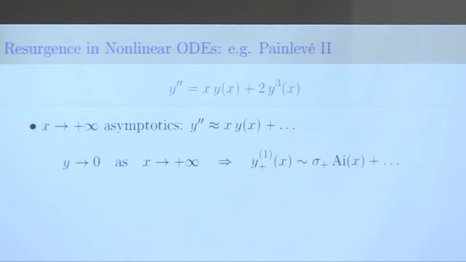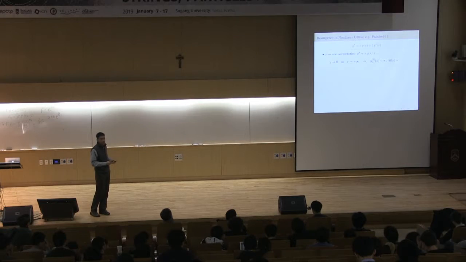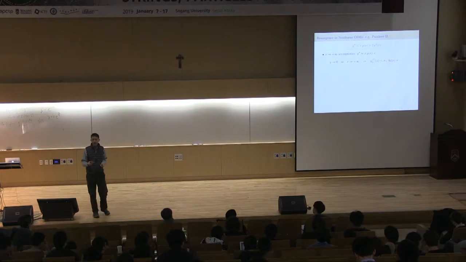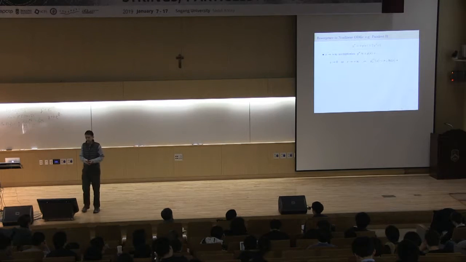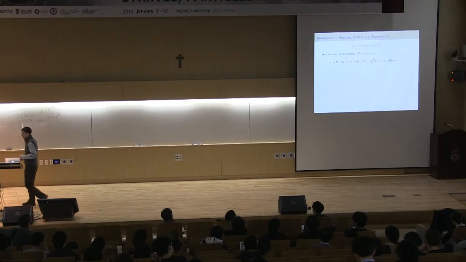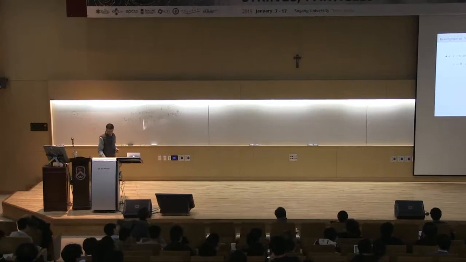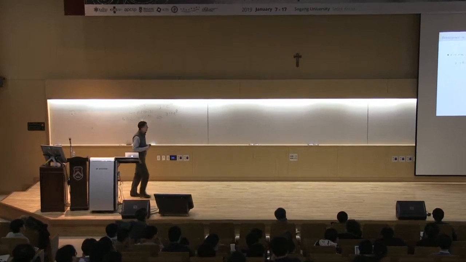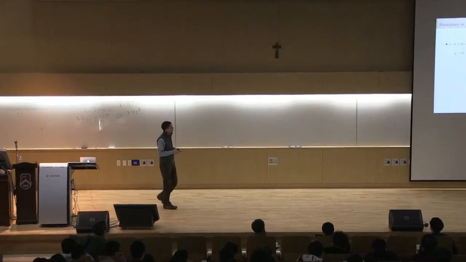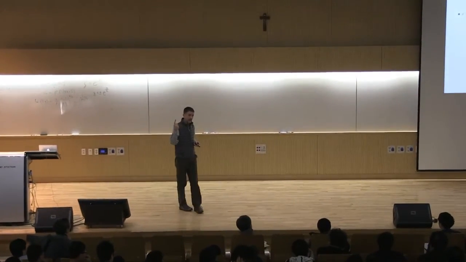So the first thing you have to solve is the Airy part, which linearizes and becomes some parameter times the Airy function. Right? That's the first step. So the requirement that you want a solution that's decaying at x equals plus infinity tells you you have the Airy function with an unknown parameter.